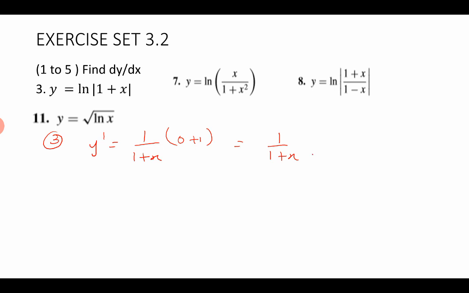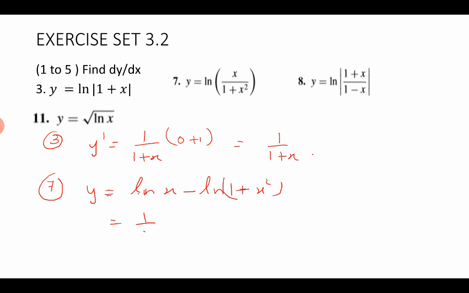Problem number 7. Y is equal to, using the rules of natural logarithm, you can write it as ln x minus ln of 1 plus x square. Now differentiate.